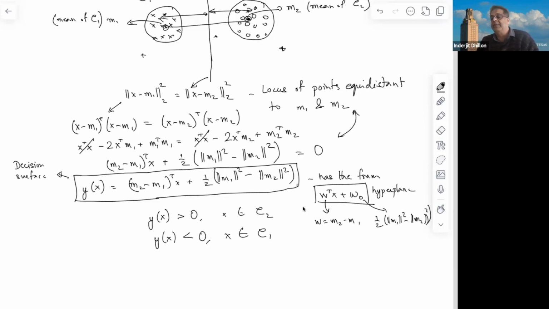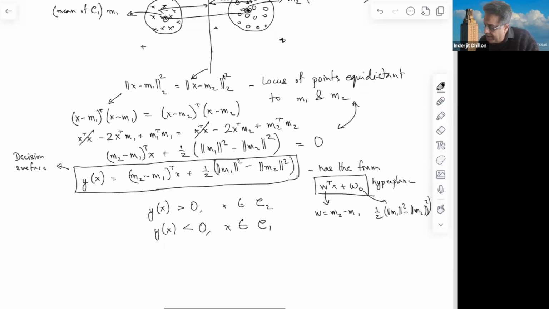So if I'm in D dimensions, then this is in dimension D minus 1. For example, in 2 dimensions, this is just a line. If you are in 3 dimensions, this would be a 2-dimensional plane. And in higher D dimensions, it would be a D minus 1 dimensional linear surface.